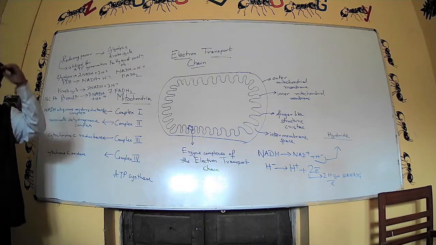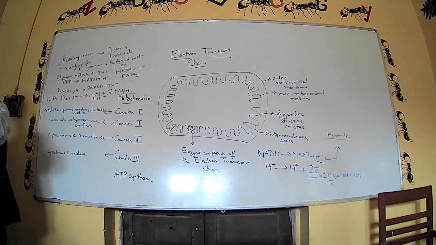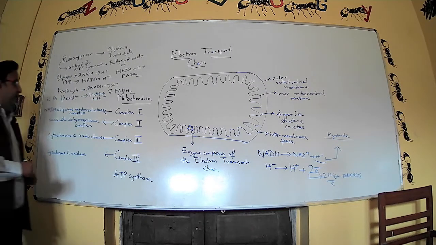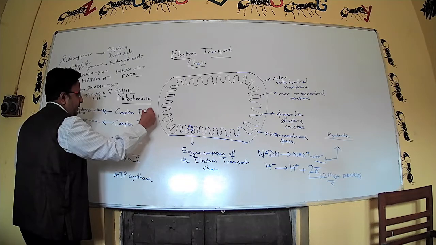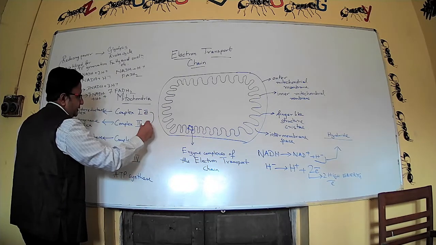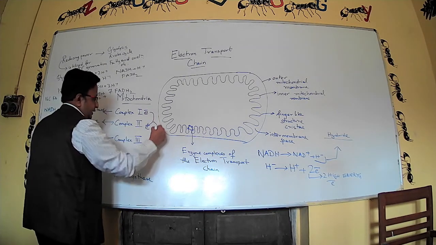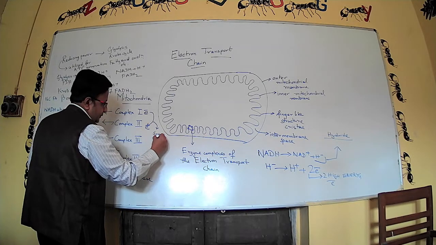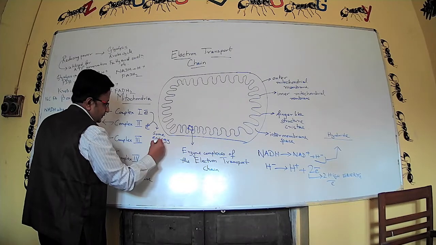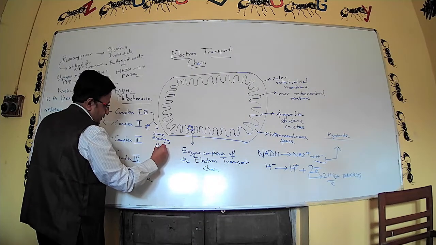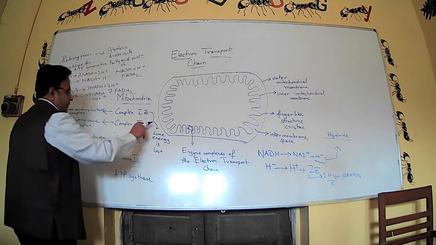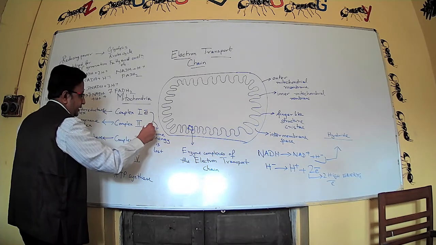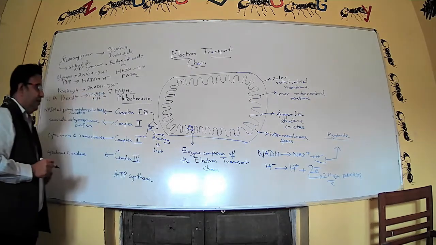It goes gradually from one enzyme complex to the other complex. High energy electrons go to complex 1, then complex 3; some energy is lost.